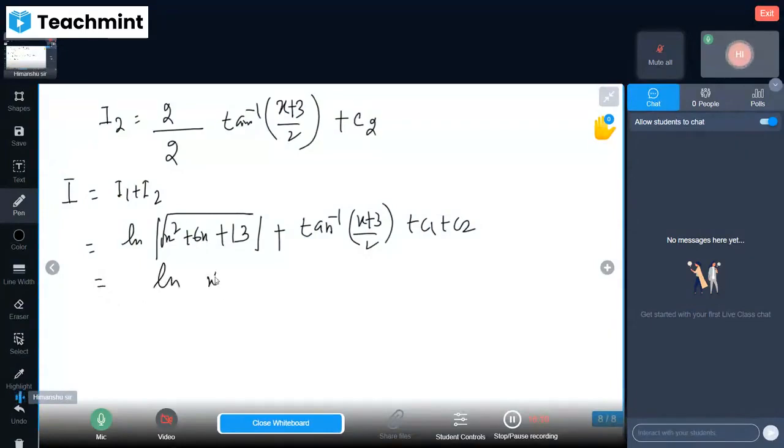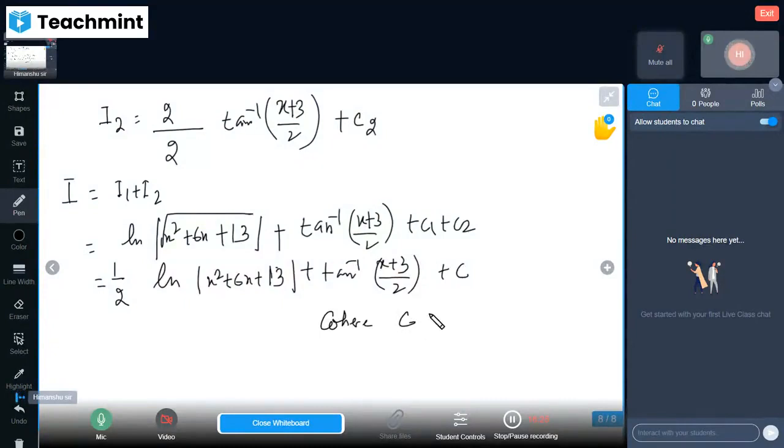So we can write ln root over x square plus 6x plus 13 like this as well, plus tan inverse (x plus 3) upon 2 plus c, where c is c1 plus c2. Okay, so this is your answer.